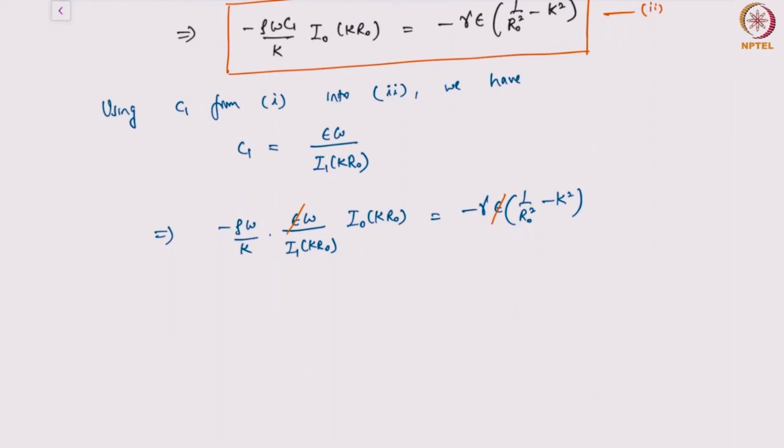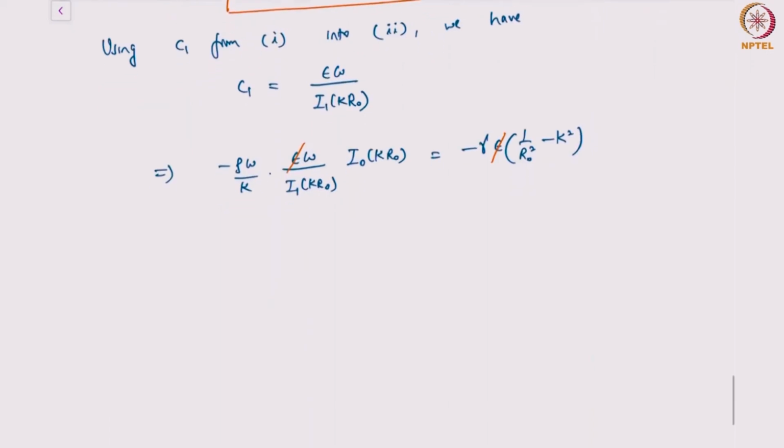So the amplitude is arbitrary, and hence now I can put everything together and simplify to get omega square. So you have omega on the left hand side and omega square on the left hand side.